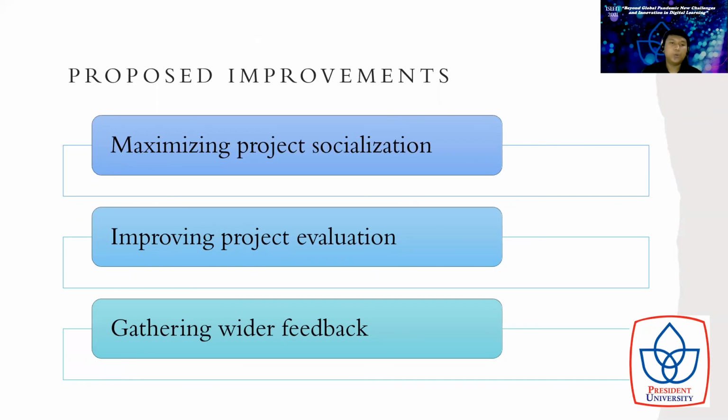And also, we need to improve the project evaluation by gathering wider feedback, not only from our students or faculties, but also students across universities, so that they will be able to extend the beneficence of the program.